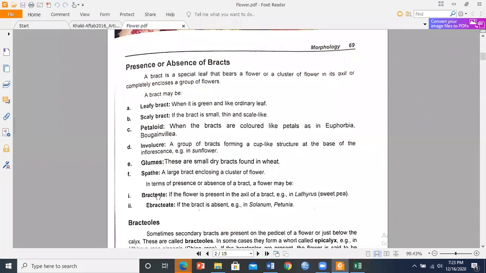It is called spathe. In the presence or absence of the bract, flower can be divided into two groups. If the bract is present, the flower is called bracteate, for example, a sweet pea. If the bract is absent, then the flower is called ebracteate, for example, in Solanum.